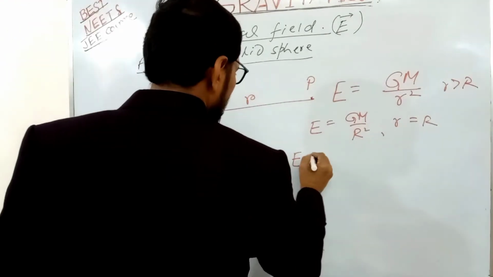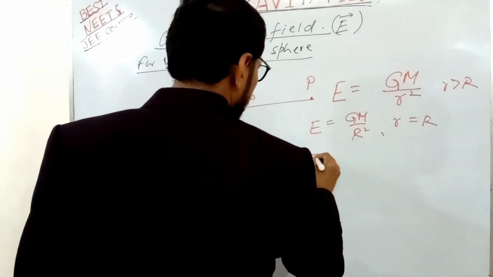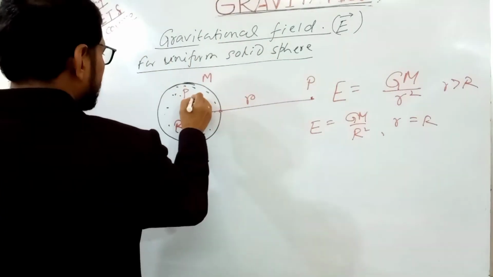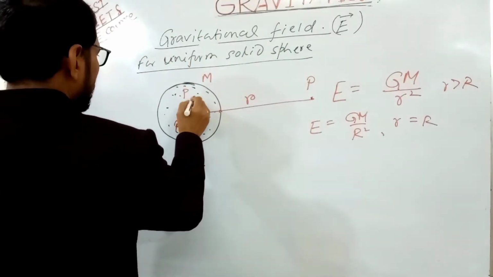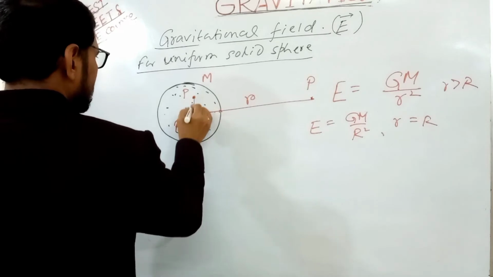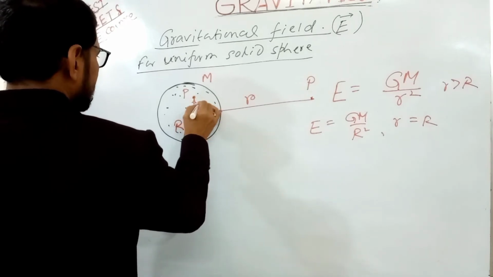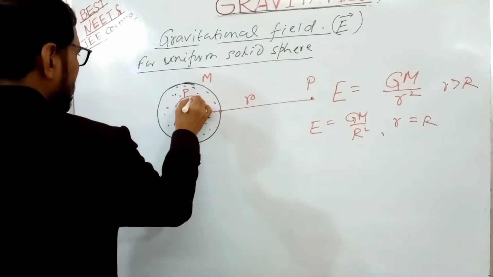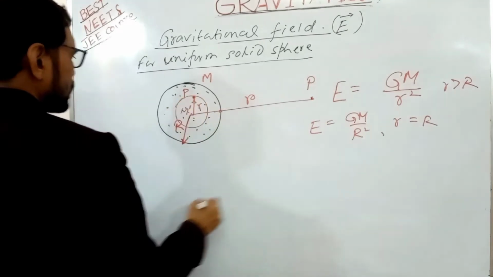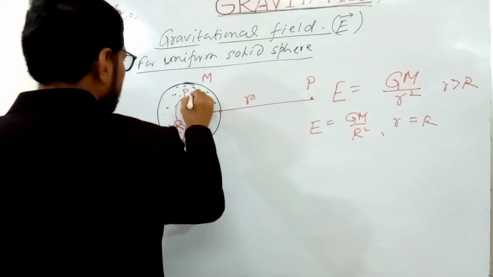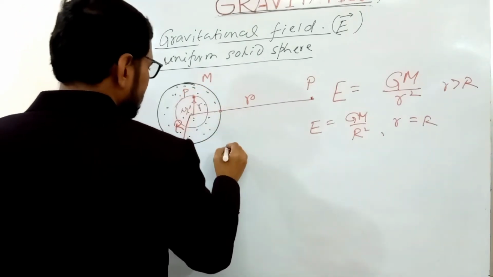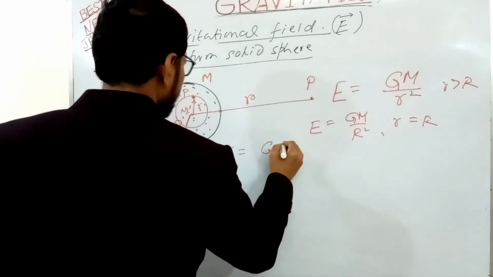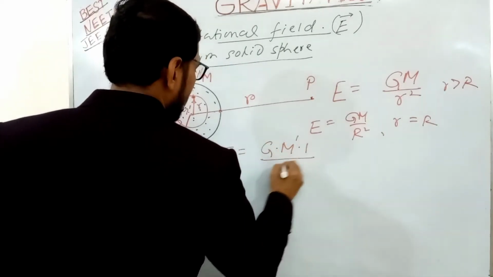the formula will be different. Gravitational field at this point: if the point is at a distance r, now the mass is M dash of the sphere of radius small r. So here if we put m equal to 1 here, the gravitational field at this point will be G into M dash into 1 by r square.